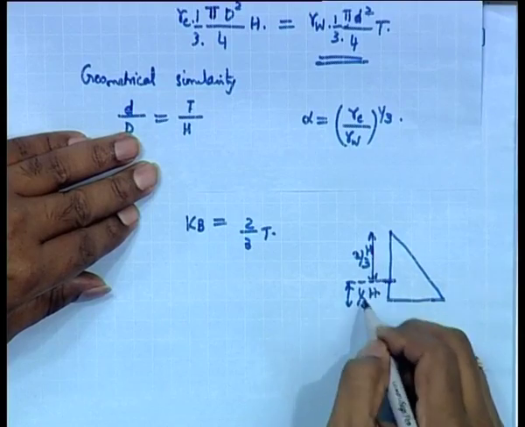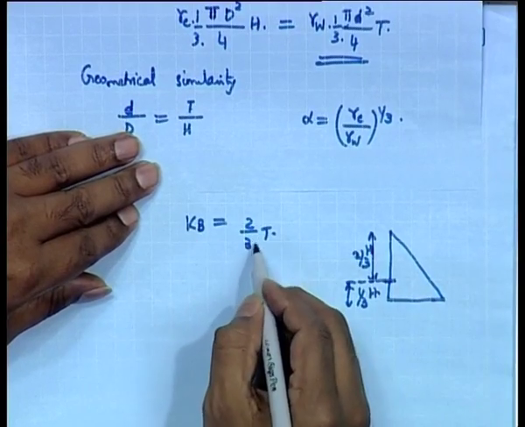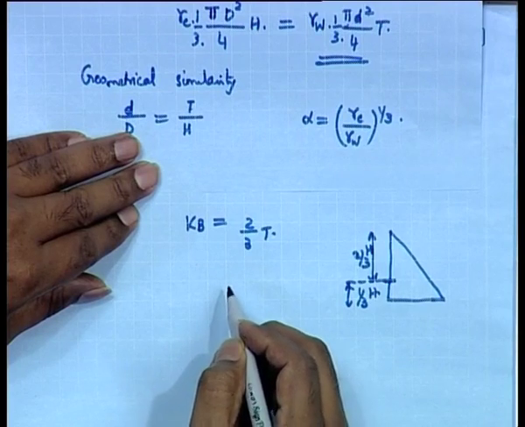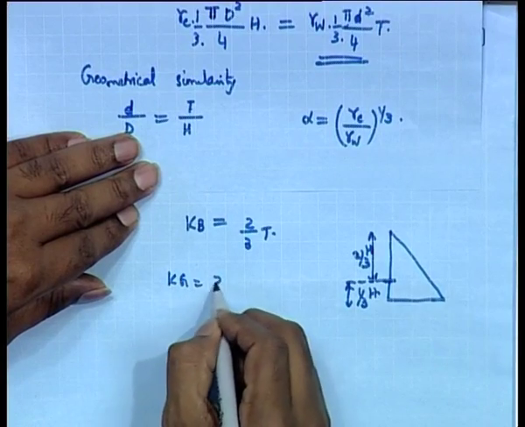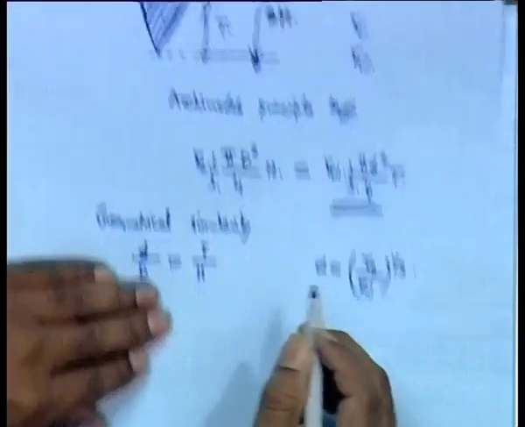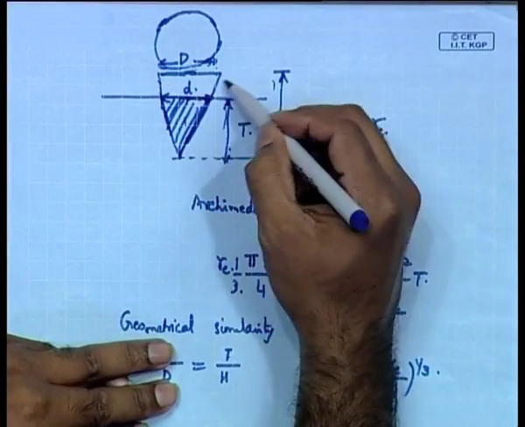So KB is equal to 2 by 3 t, and KG is equal to 2 by 3 h. KG is for the whole cone.